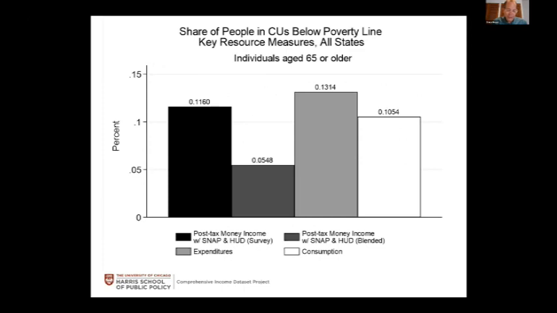The survey-based income poverty rate here is 11.6%, but with blended income, it is less than half that, only 5.5%. And this is for those 65 and older. Expenditure-based income poverty is a higher 13.1%, and consumption poverty is 10.5%.